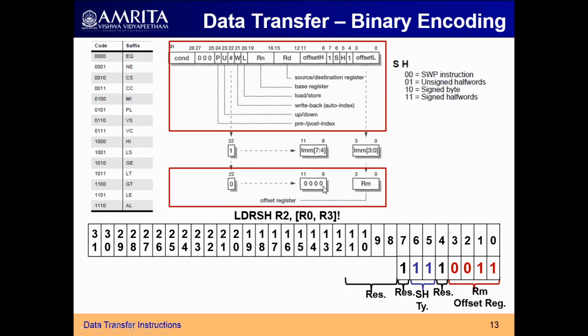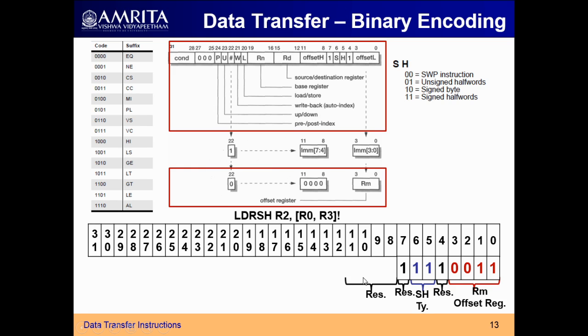Why? Because in the previous case you were using these bits for representing the shift value that has to be applied on the offset register. But in this case, whenever you are using unsigned half word, signed byte or signed half word binary encoding format, these bits will be zeros. Why?